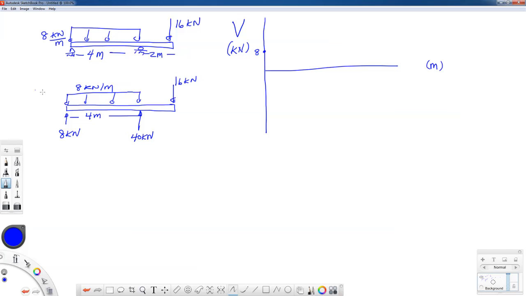This force is directed downward. It has an area of this distribution of 8 by 4, of 32 kilonewtons.